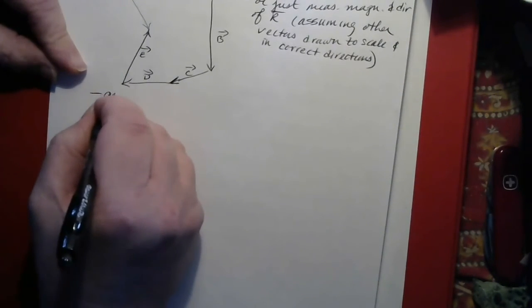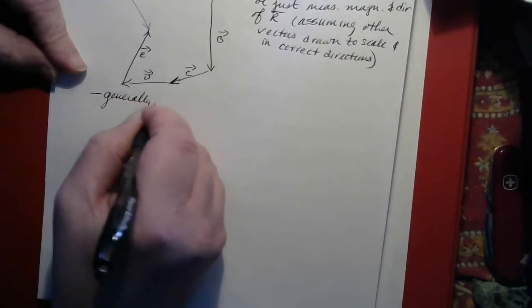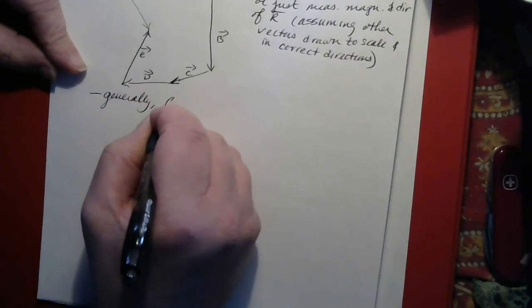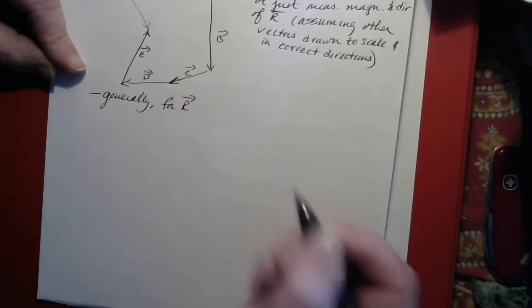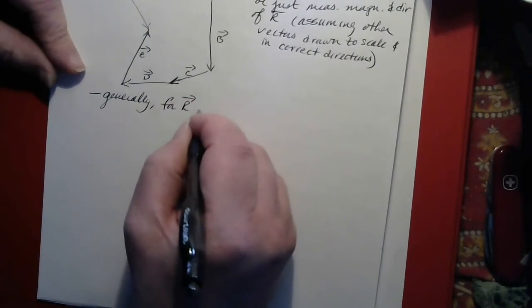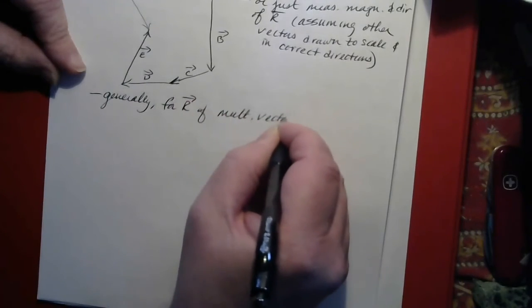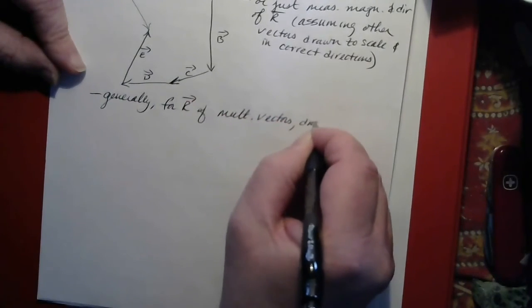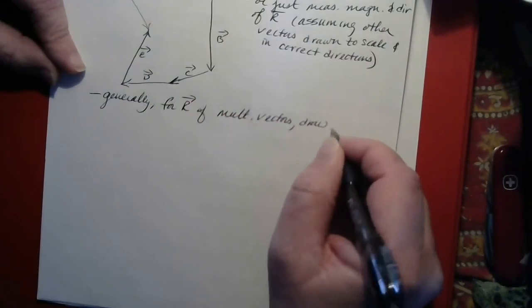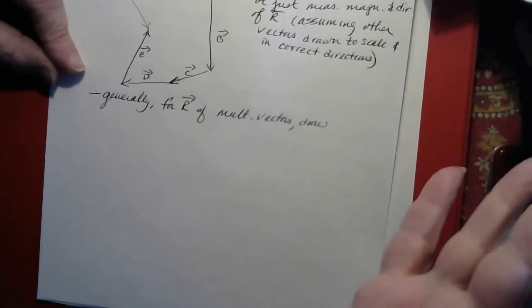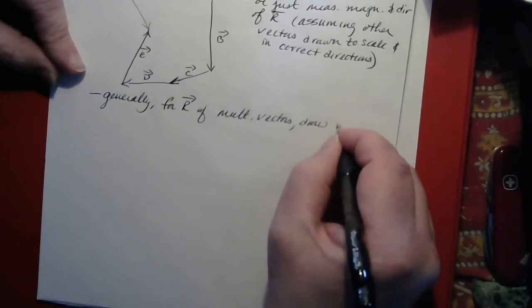In general, to find the resultant of multiple vectors, you can draw the vectors head to tail, maintaining lengths and directions.